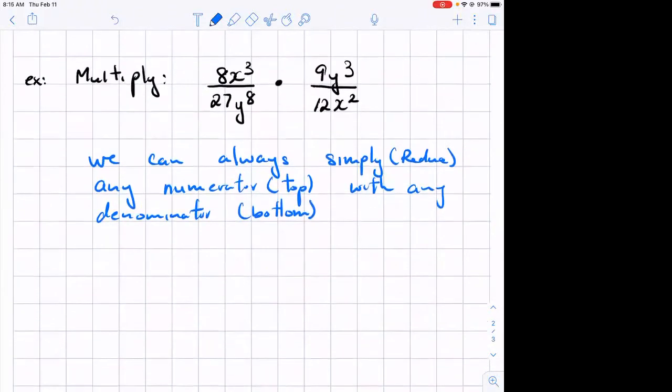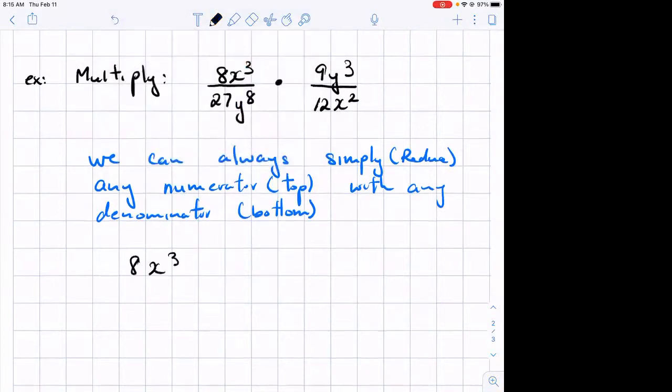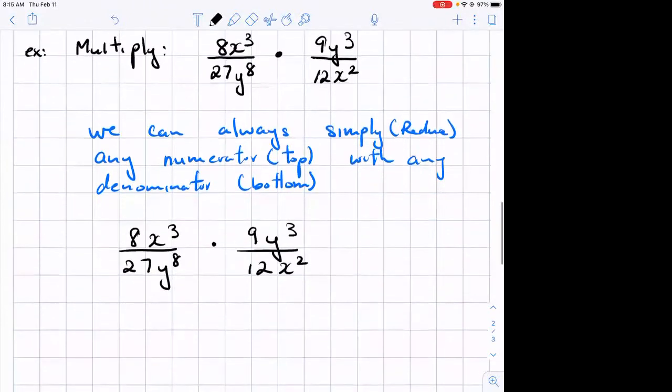Okay. So if we rewrite our problem, 8x cubed over 27y to the 8th times 9y cubed over 12x squared. Let's look at the 8 and the 12 first. What number goes into 8 and 12 evenly?